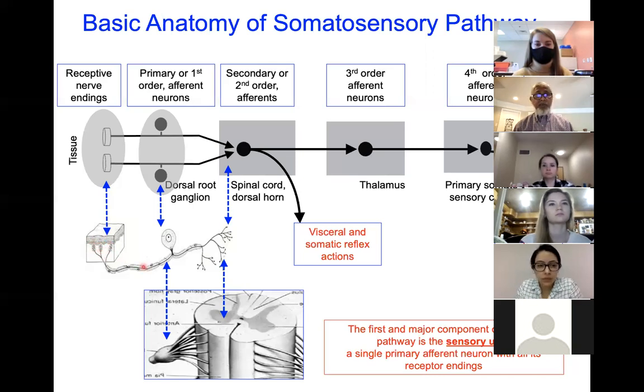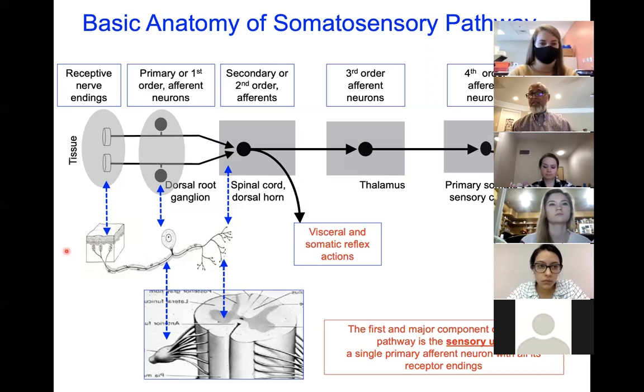Now if you have two nerves coming here, two receptors, maybe another sensory unit here. So the sensory units can combine together to produce a much stronger signal. Depending on the intensity of the stimulus, it will determine how many sensory units are stimulated.